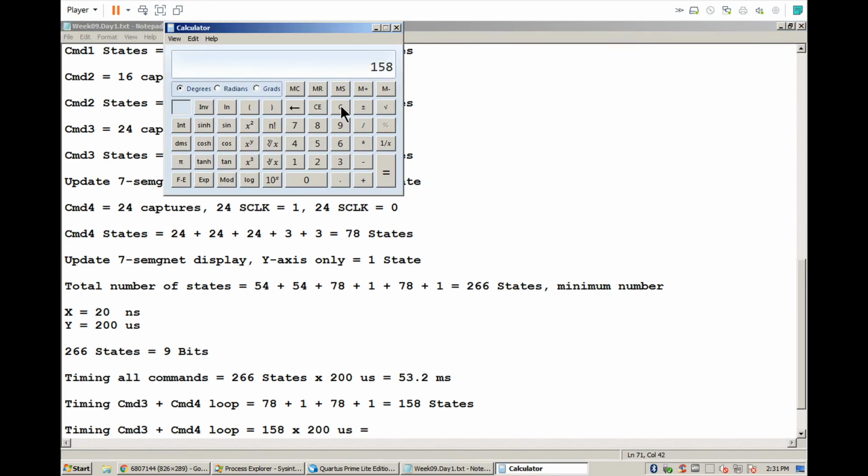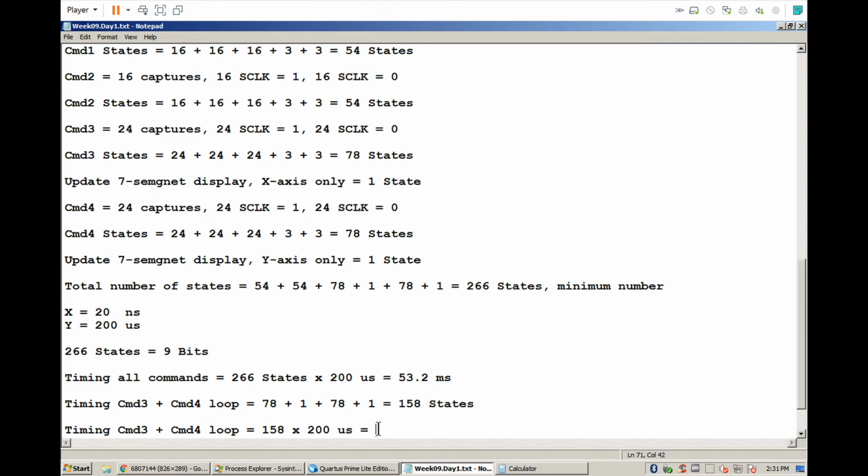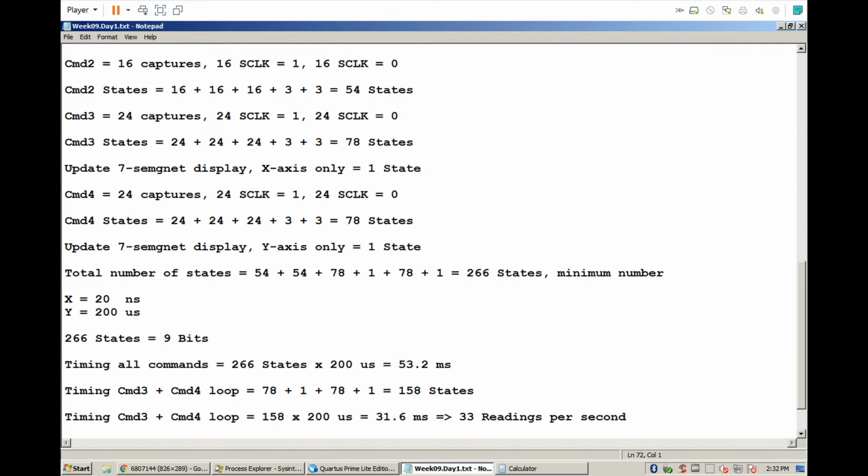Do the math: 158 times 200 divided by 1 million. It will give you 31.6 milliseconds. So this means you get about 33 readings per second. That's what I said before. It's between 30 and 40. So that would be fast enough.